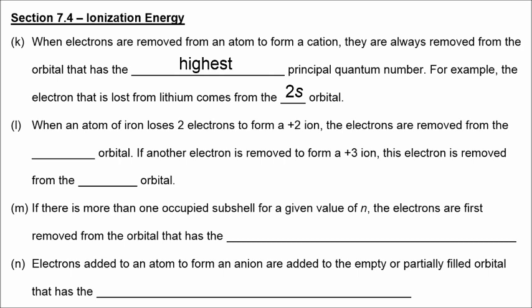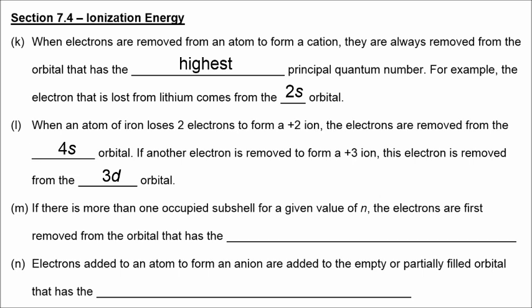When an atom of iron loses 2 electrons to form a +2 ion, the configuration of iron would be argon 4s2 3d6. The electrons are removed from the 4s orbital. And if you have another electron removed, then that would come from the 3d orbital.